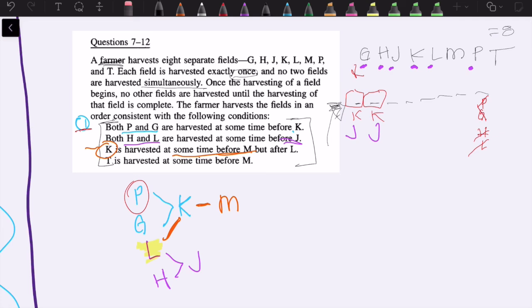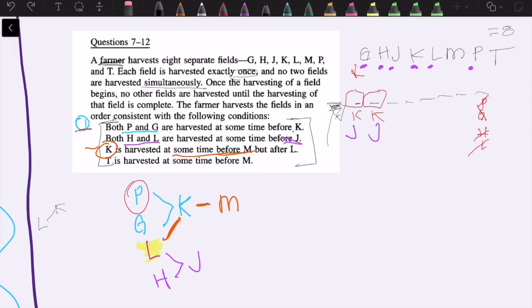Right now, what we know about L, so these are questions we want to be asking ourselves, is L has to be before K, L has to be before M, even though K is before M, and then L has to be before J. So this is all relative, right? So we want to ask ourselves, is there any relationship, though, between H and K? No, because there's no lines connecting those. So we can't say anything about that.